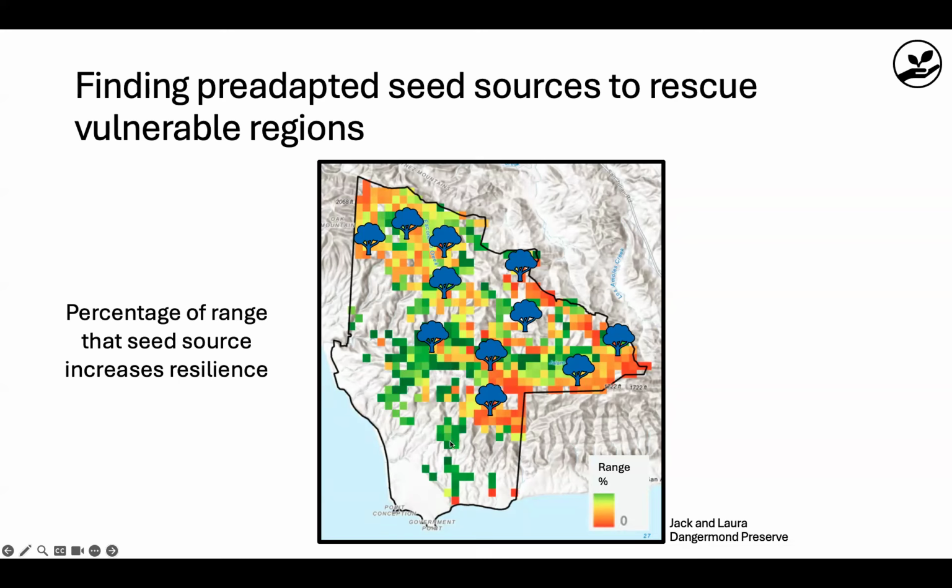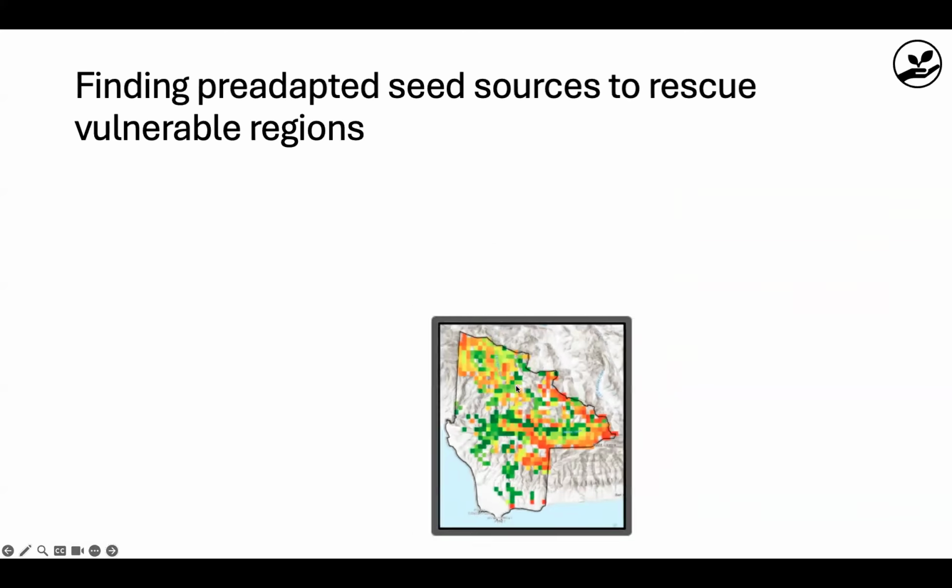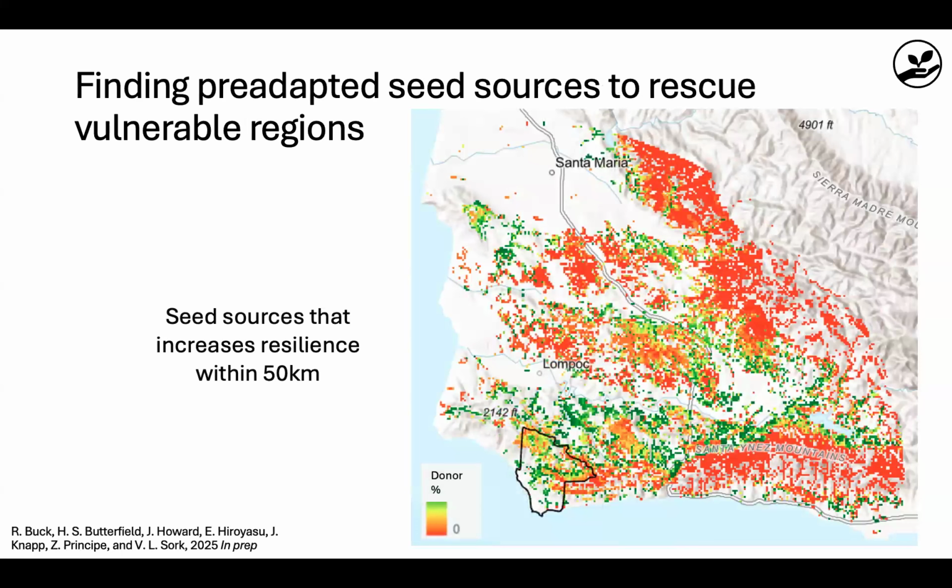It'll increase the resilience compared to if you just did nothing. But these redder sites might not be the best seed sources. They're not going to increase resilience. And we can even zoom out and look for seed sources outside of the range. So same 100% to 0%. And what we're seeing is these lower elevation parts within a 50-kilometer radius, so you're still getting local seed sources, tend to be more resilient seed sources.